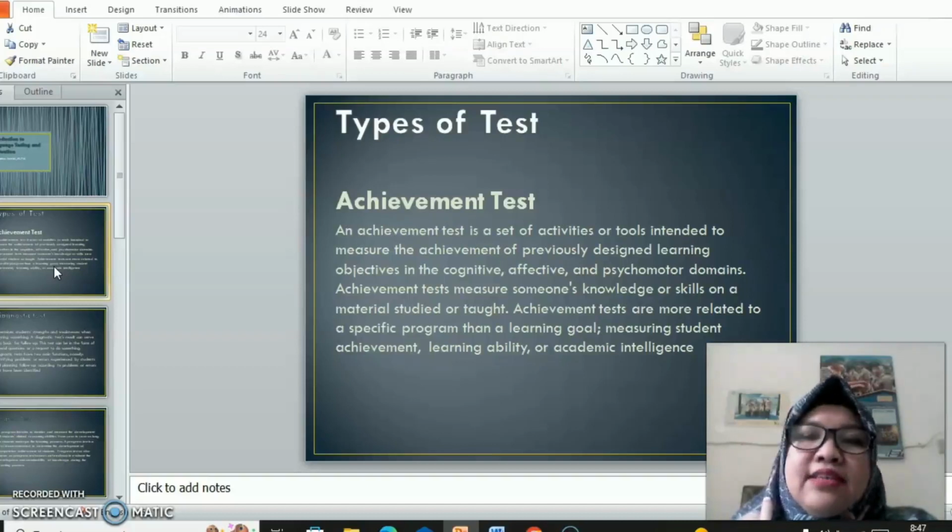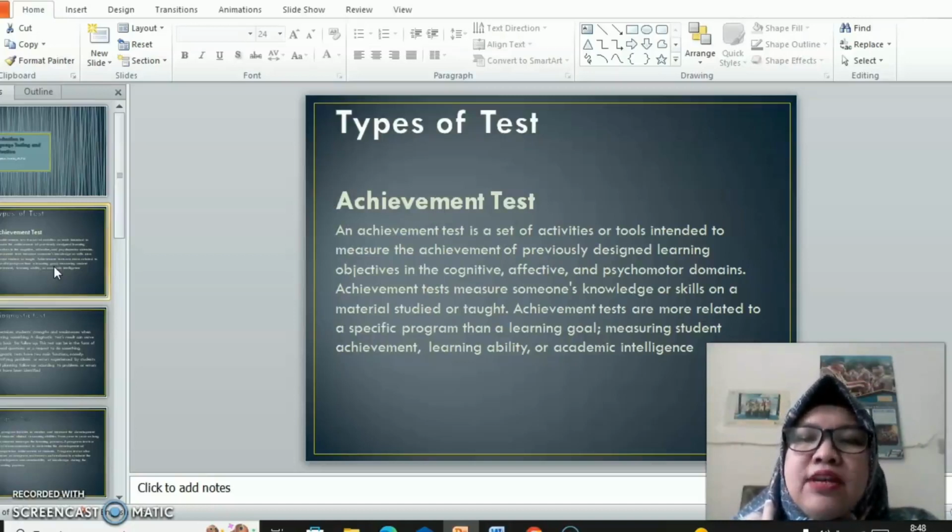An achievement test is a set of activities or tools intended to measure the achievement of previously designed learning objectives in the cognitive, affective, and psychomotor domains. Achievement tests measure someone's knowledge or skills on a material studied or taught.